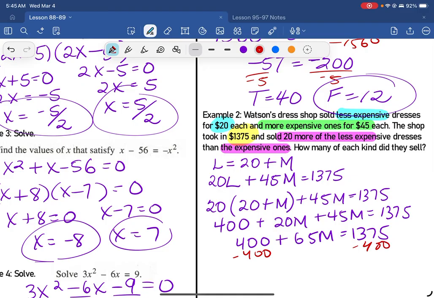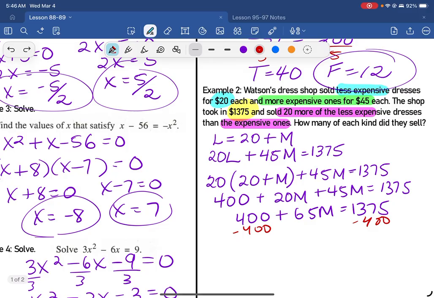So we're going to do 1375 minus 400, which is 975. So we have 65M is equal to 975. Now we're going to divide both sides by 65, which is 15.